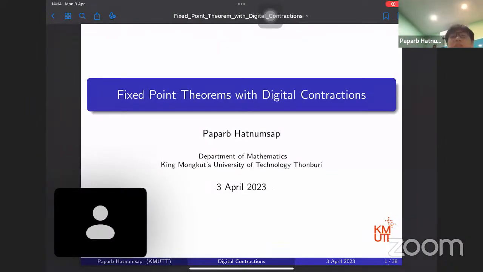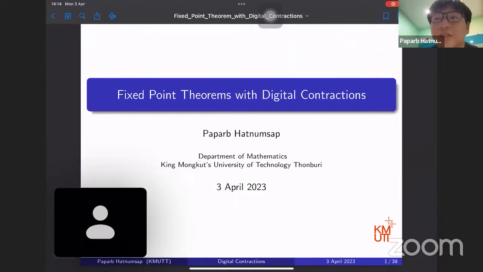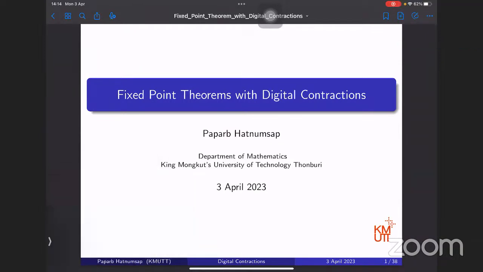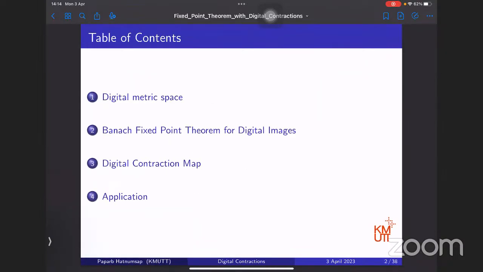Okay. Good afternoon. My name is Papap Namsap. Today, I will talk about fixed point theory for digital contraction. Sorry, can you see my screen? Yes. Okay, thank you. The content for today has four parts.